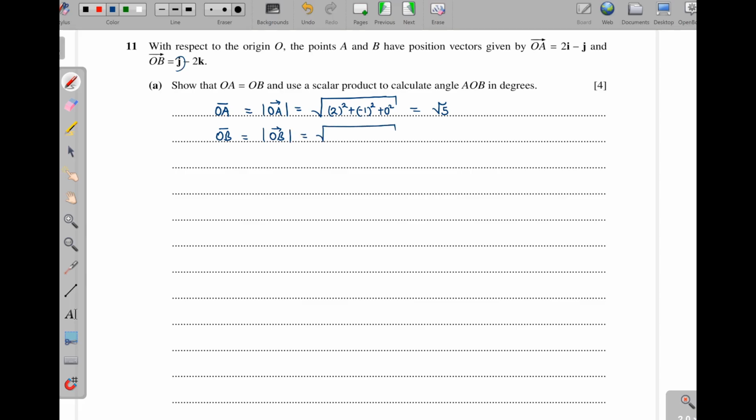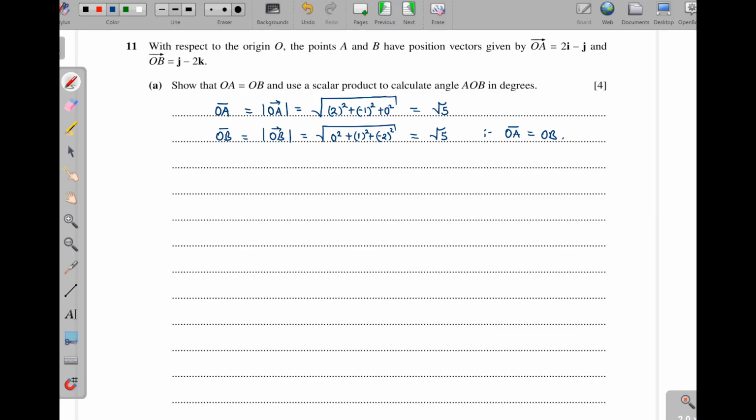So there is no i, we shall have 0 squared. Then this one will be 1 squared, then plus -2 squared. This one will also be 1, then plus the 4, 5. So it is root of 5. Therefore, OA is equal to OB.